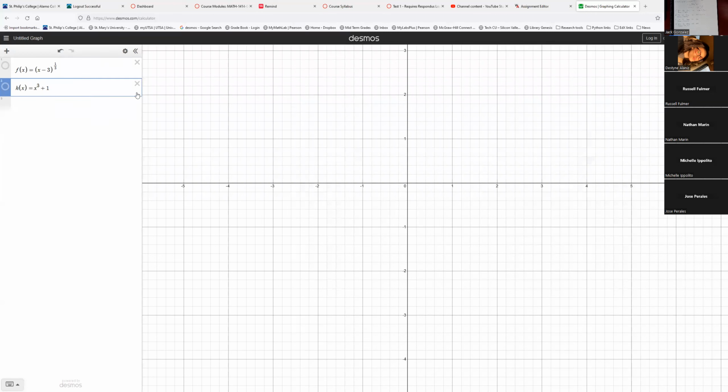Let's say we had a g function of the square root of x minus 2. Okay, so we can see that the domain is 2 until infinity, right? I cannot go below 2.